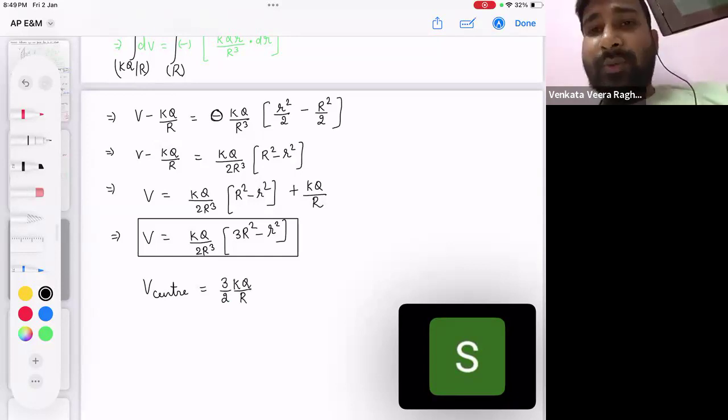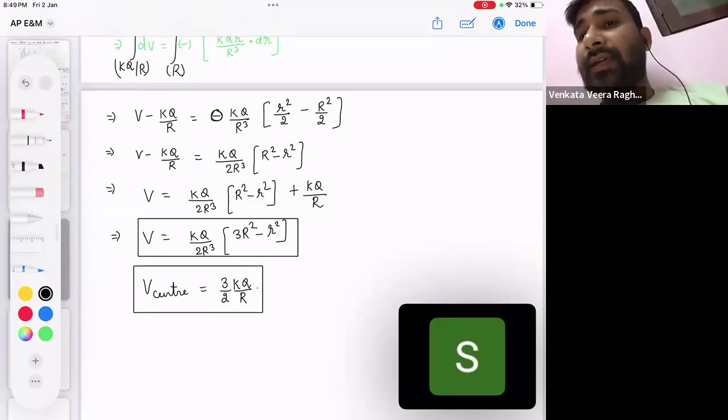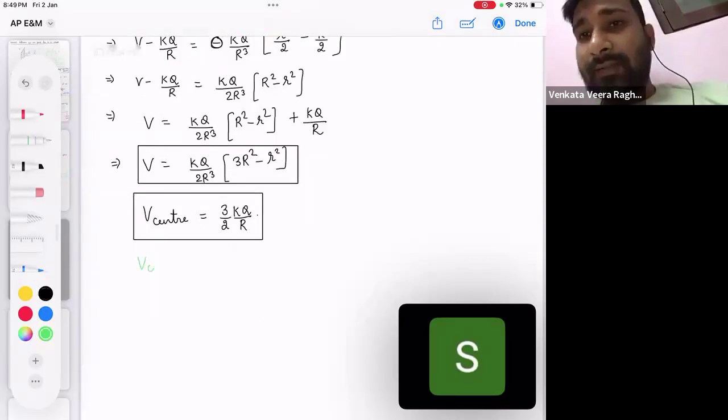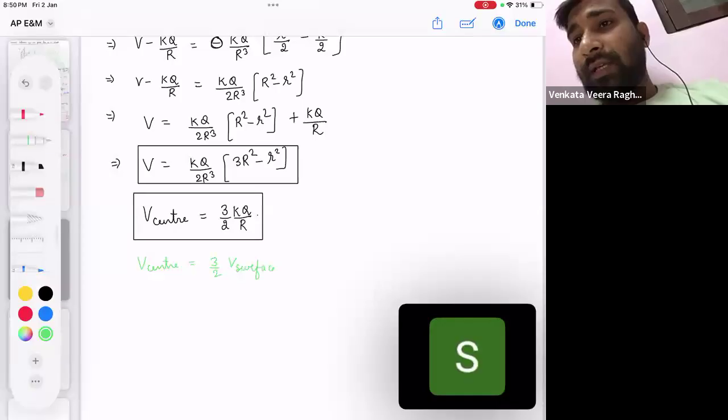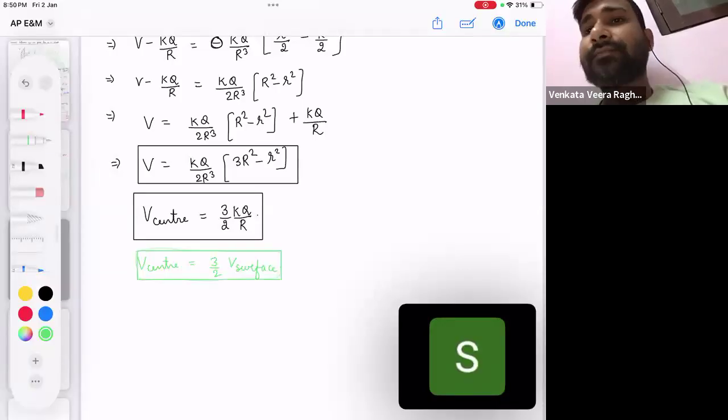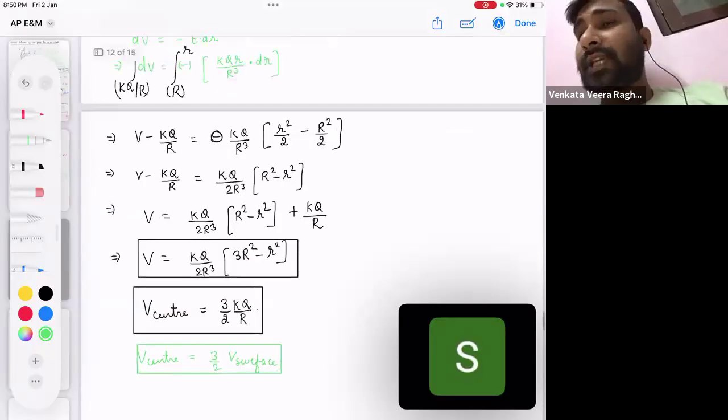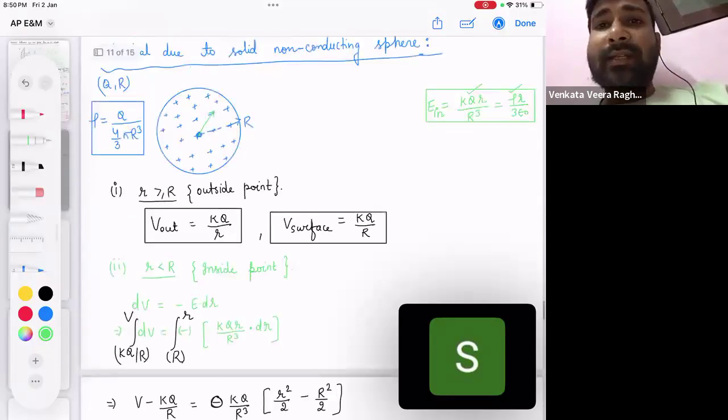So that's why the potential at the center of a solid sphere is 3/2 times the value on the surface. Potential at the center is 3/2 times the value of potential on the surface of a solid sphere. Please check it. Are these points clear?